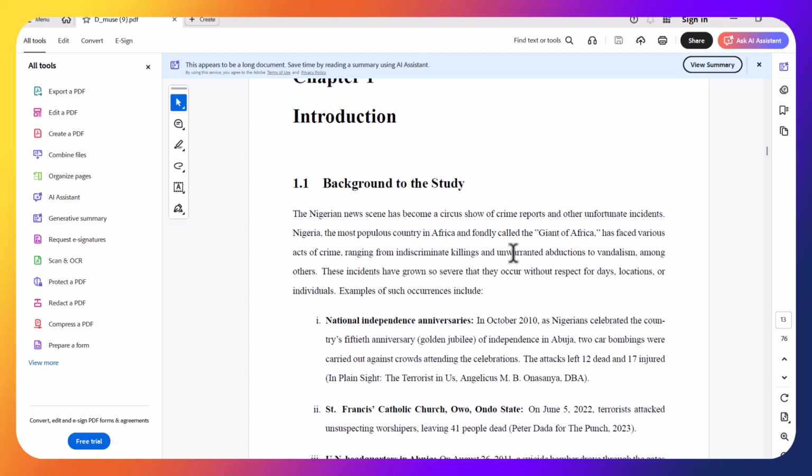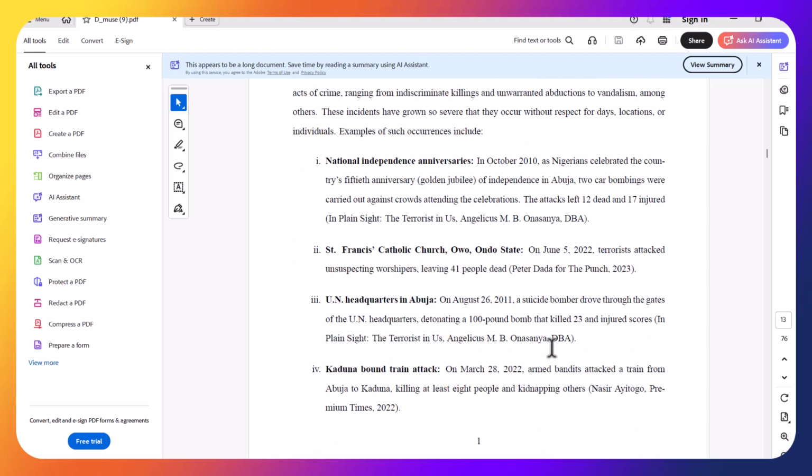So this is basically the inspiration towards this particular research, and he highlighted some key areas, as well as the Nigerian independence anniversary in October 2010. These are the key news that actually happened that triggered his enthusiasm towards working on this particular research.